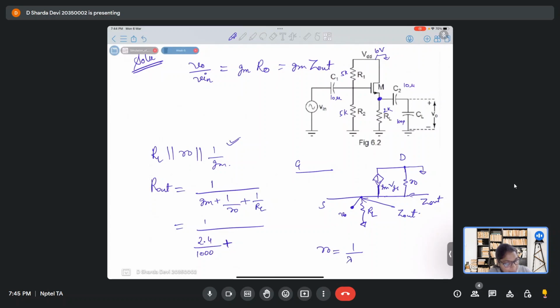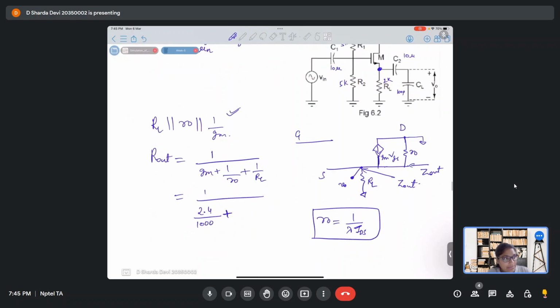It is 1 by lambda IDS, 1 by lambda into current for MOSFET. And RL is already given, so 1 by RL was 2K, so it's 2000 plus R naught.